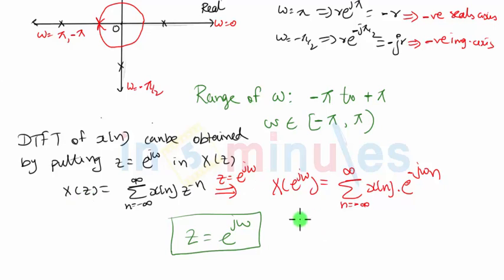And most of the time, instead of writing x of e raised to j omega, I may simply write it as x of omega. Please note that the range of omega is from minus pi to plus pi, and the unit of omega is radians. That means omega is measured in radians. Whatever value omega takes between minus pi and pi, it will be measured in radians.